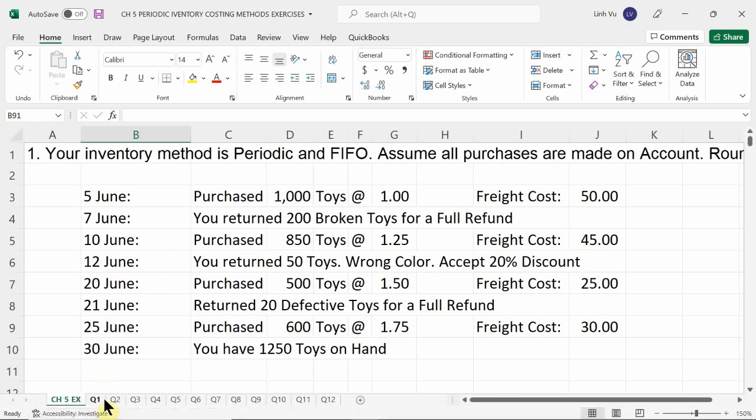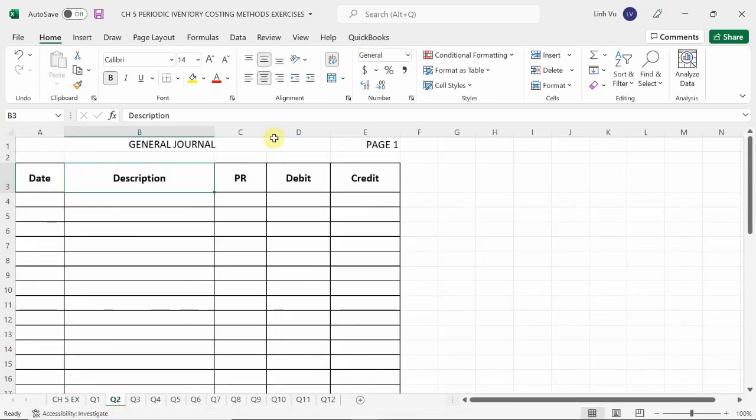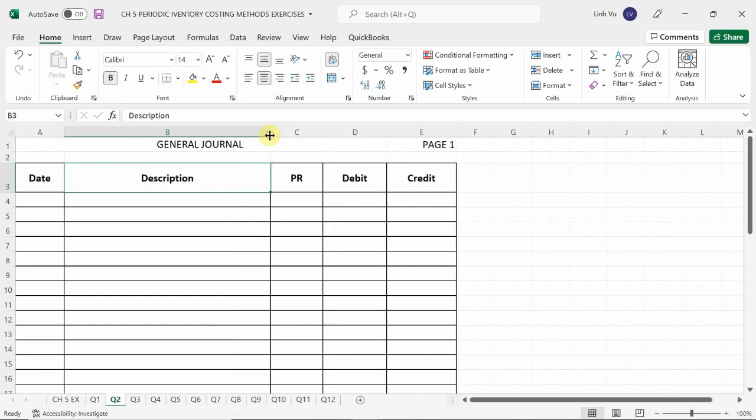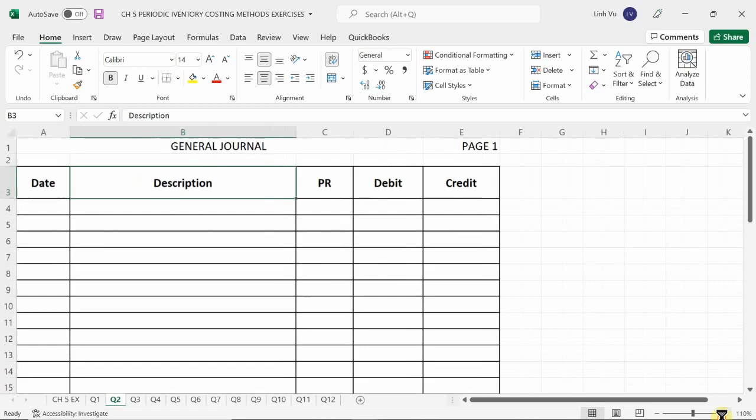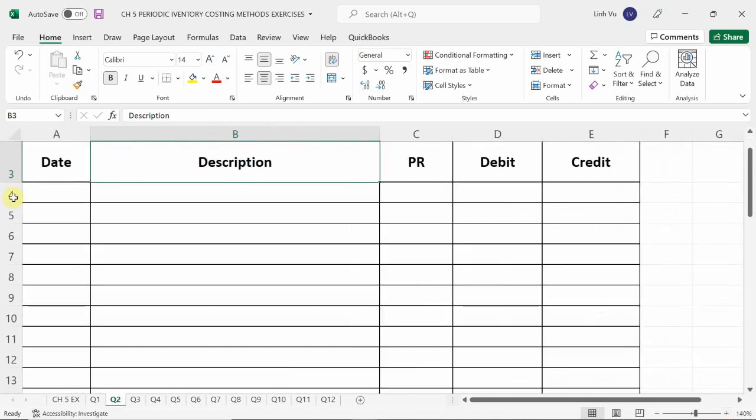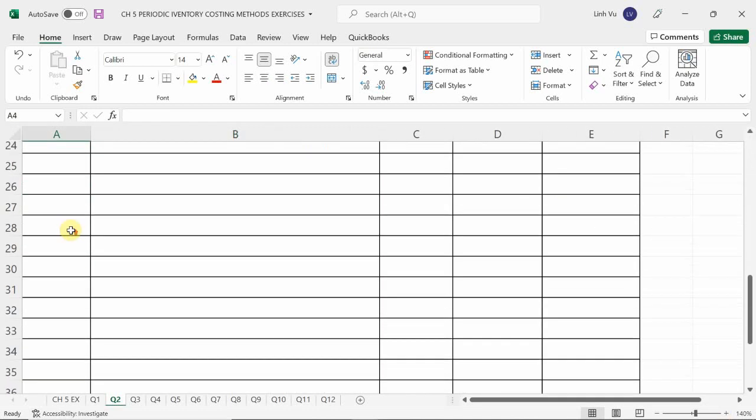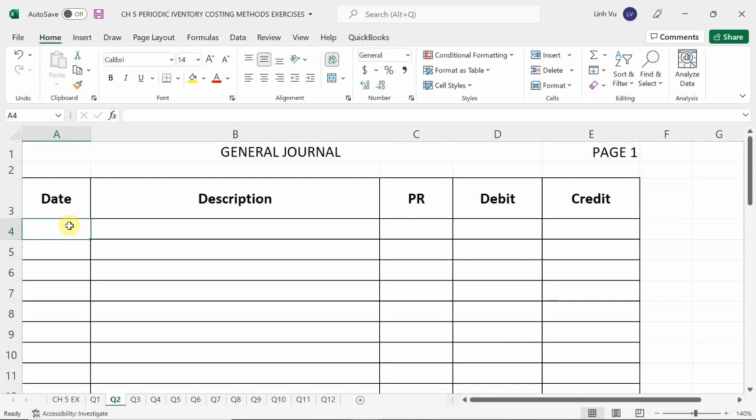So in this case, I'm going to go to my journal here. And let's practice journalizing that transaction that we received our inventory and we purchased it. So in this case, how should I journalize this transaction? It is June 5th, right? What did we do?